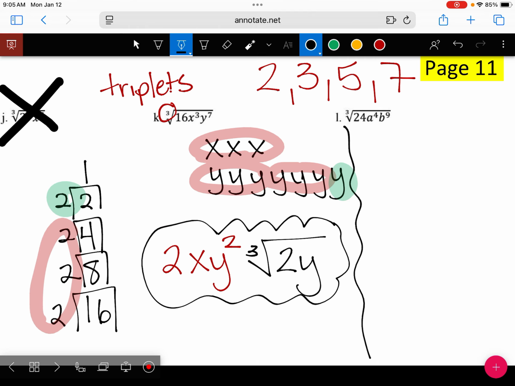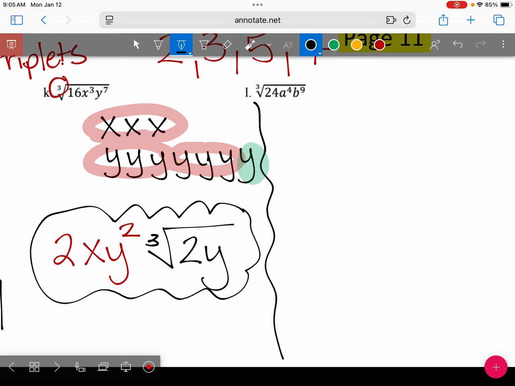Who had that? All right, let's do letter I. Same thing. You're going to build a cake with the 24. And then look for your groups.